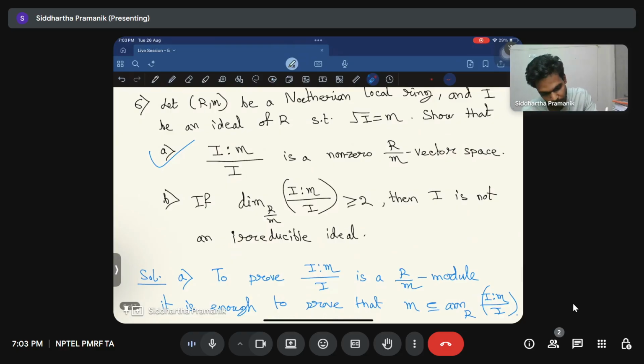Now let's move on to the second part. The second part says that if the vector space dimension is at least 2, then I cannot be irreducible.